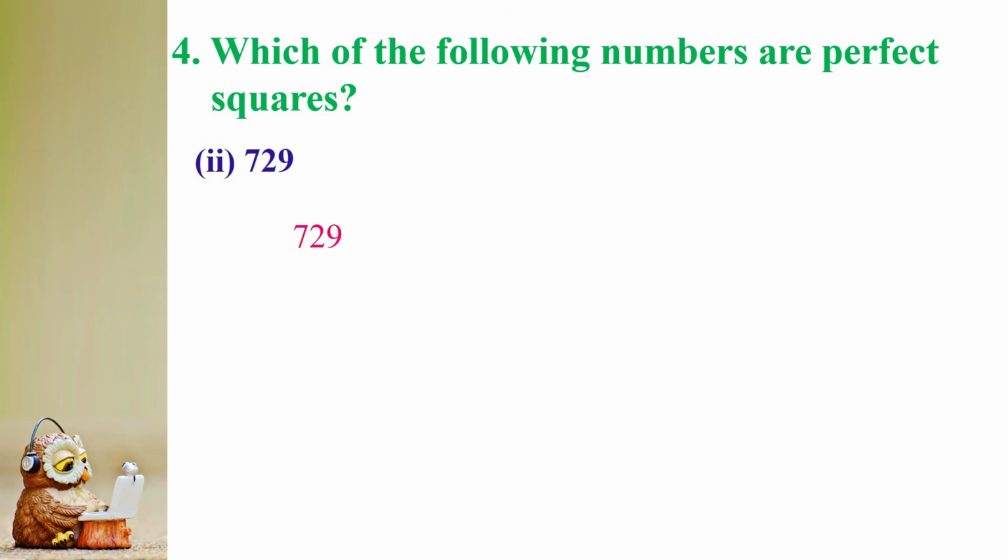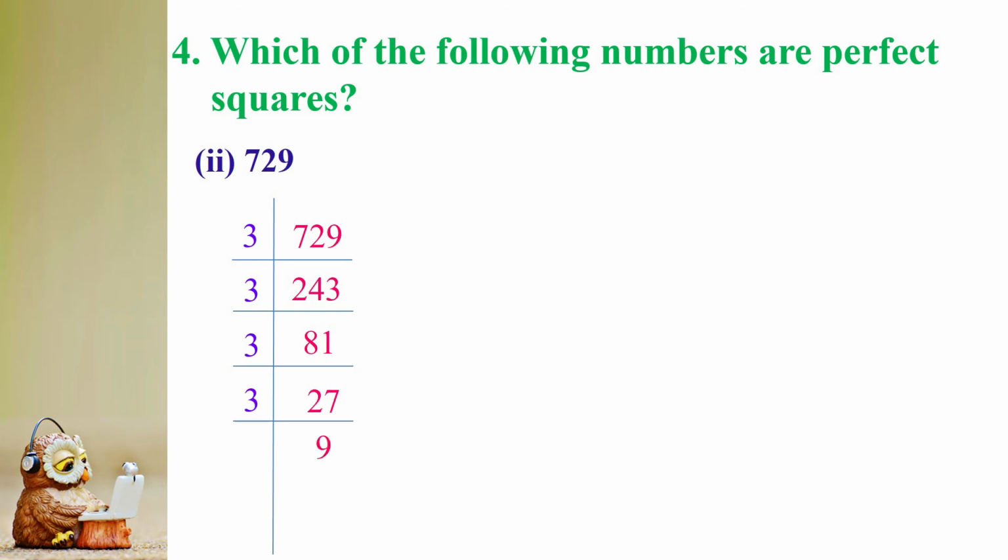Here 729 is a multiple of 3, so we take 3. 243 3s are 729. 243 is a multiple of 3, so we take 3. 81 3s are 243. Now 27 threes are 81. 27 is also a multiple of 3, so we take 3. 9 threes are 27. We know 9 is a multiple of 3, so 3 threes are 9.